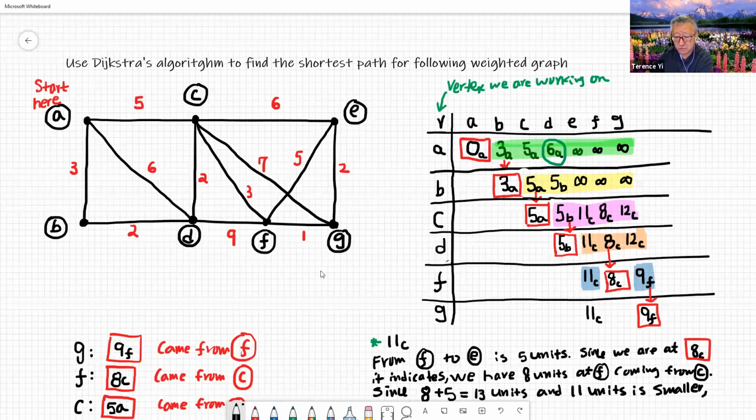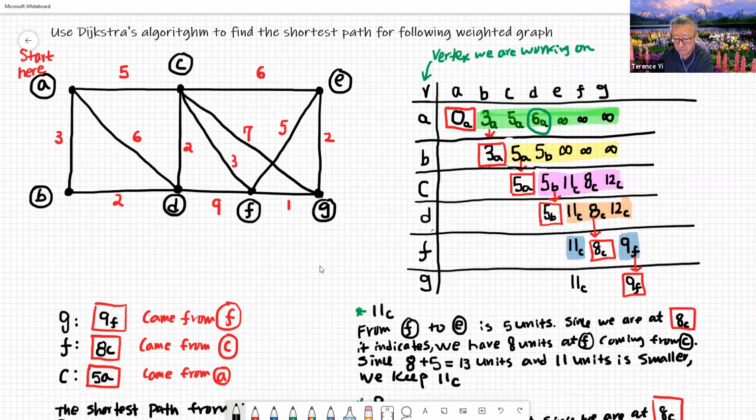So I'm just going to talk to you about a couple of things over here. So let's look at this guy over here. This is what I'm talking about here, 11C here. So from F to E is 5 units.